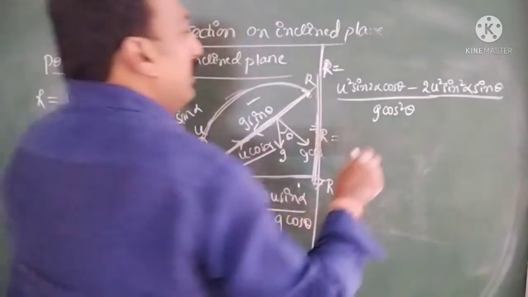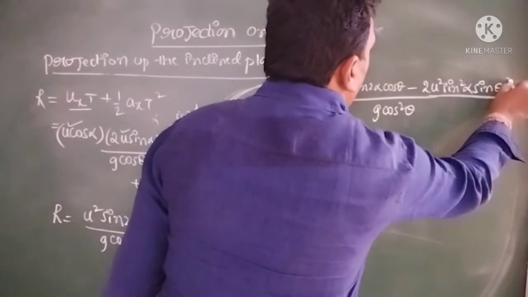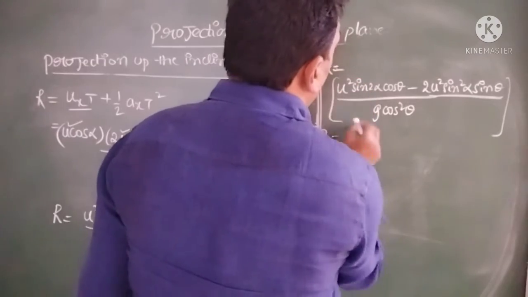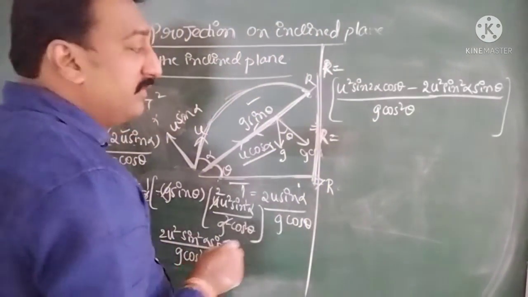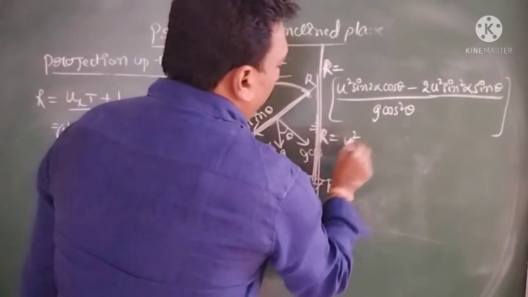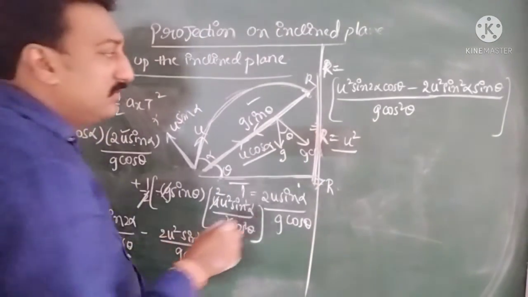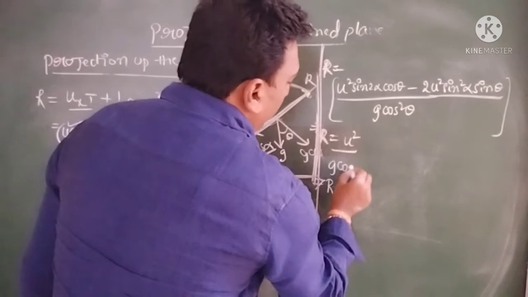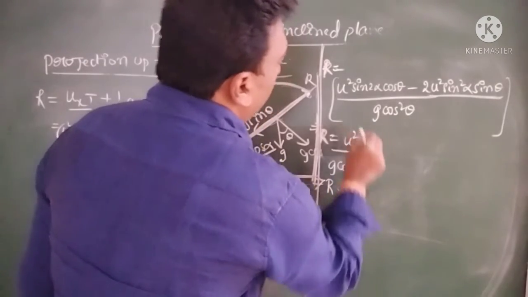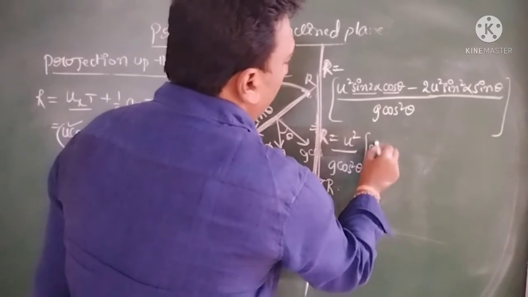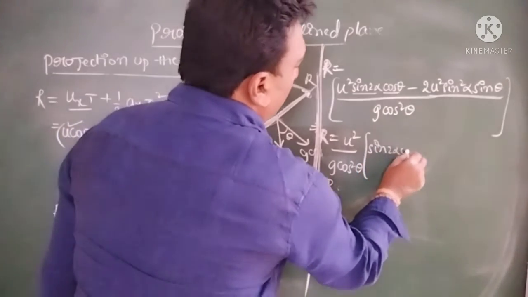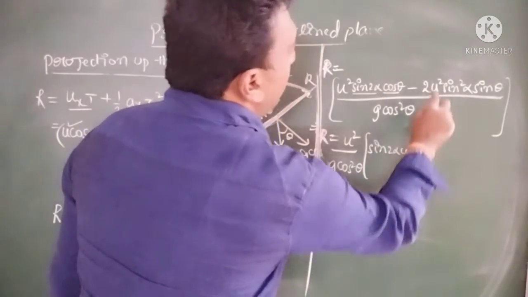So here I can take u square as a common factor, divided by g cos square theta, followed by sin 2 alpha cos theta minus.